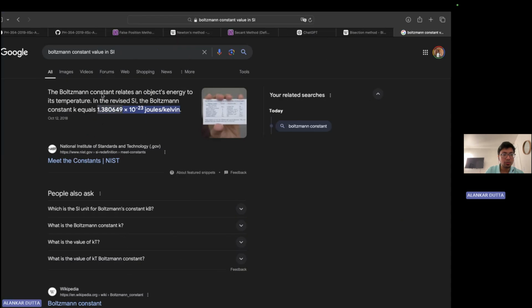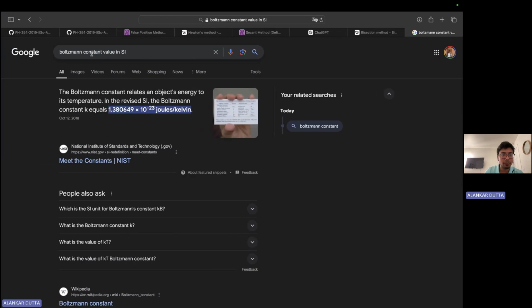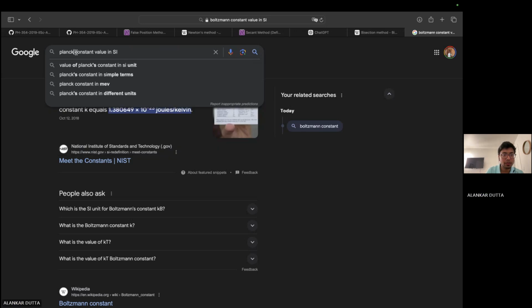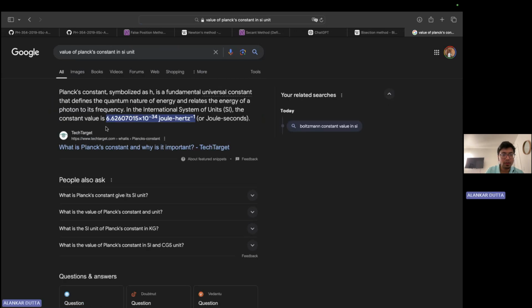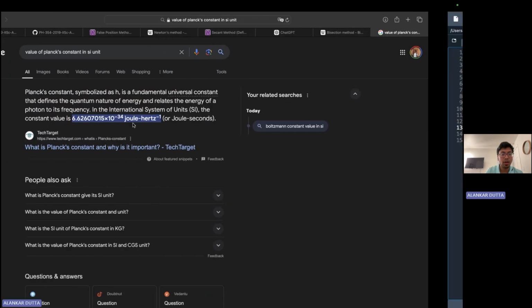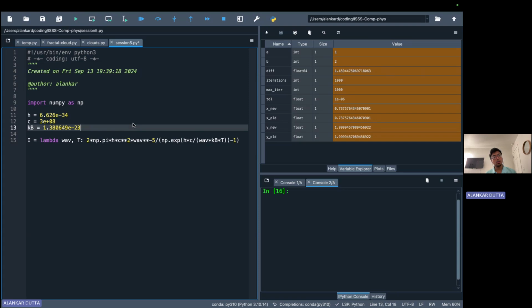And just to be sure, I will also check Planck's constant since I'm already in here. 6.626e-34. Yeah, I think I'm right in here.